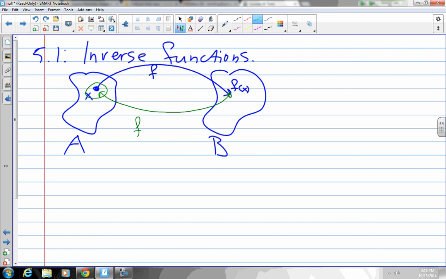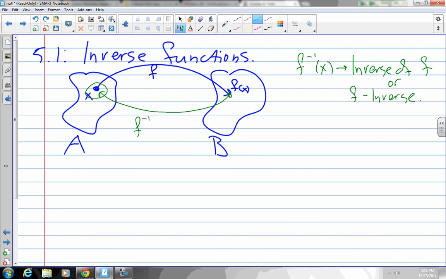We use a little superscript -1, which looks like an exponent, but it's not an exponent, it's a notation. When you see something like this, that stands for the inverse function of f, or f inverse.